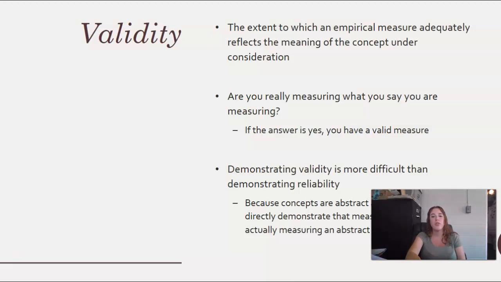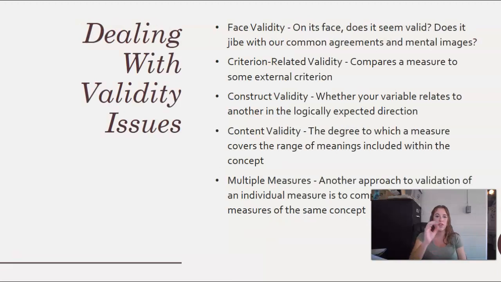So we have a couple of different ways, I think 5 different ways in particular, of dealing with validity issues. The first one is known as face validity. And this is saying on its face, like if you asked random people on the street, do you think this question measures this? Would they say yes or no?